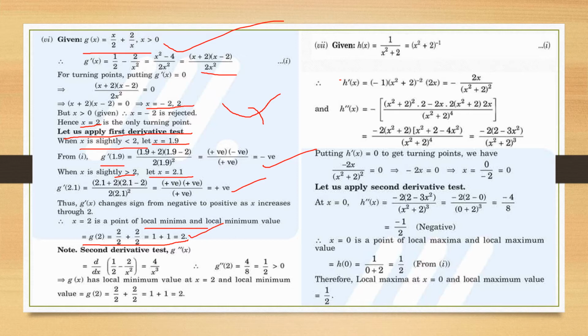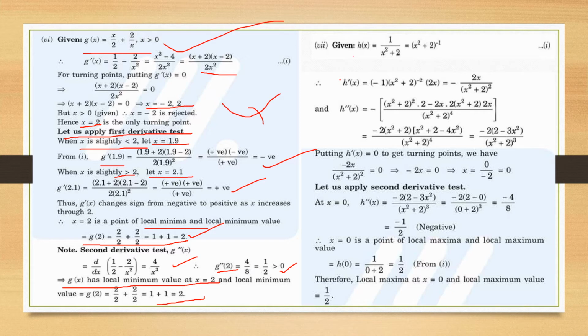Now the second derivative test, if we want to see it, it is like 4 by x cube. The double derivative at this point is positive, so again we can say that a local minimum exists at x equal to 2. So this is how we can compute, by taking whichever test we find easier.